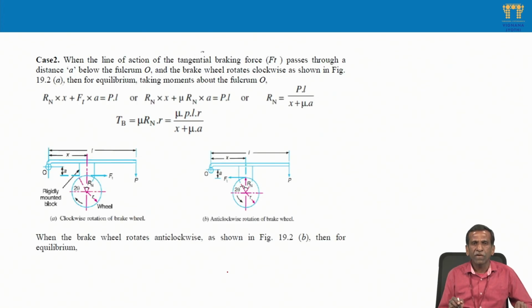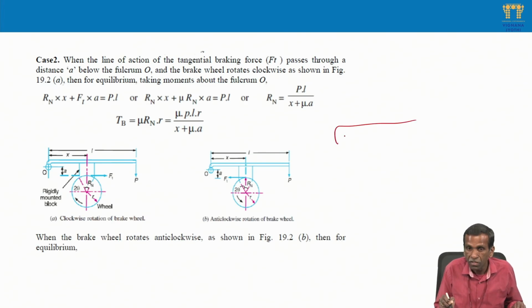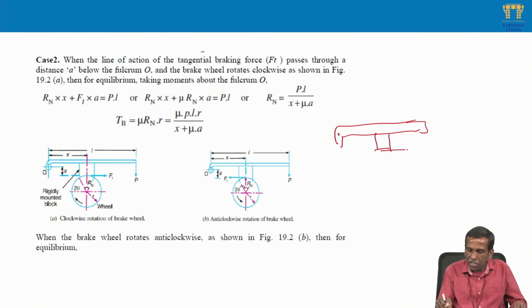Similarly, in case 2, the line of action of this tangential force, the braking force, is not passing through the pivot point, but lies at some distance. This is the tangential force in the clockwise rotation of the wheel. This is O, let us say.